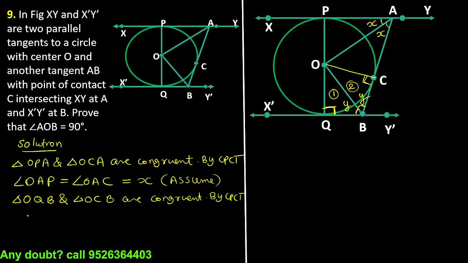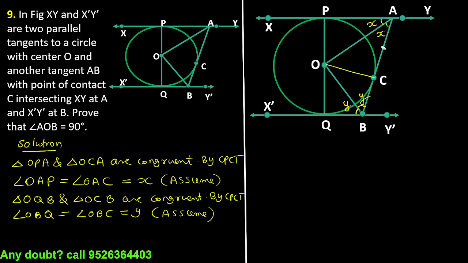Okay, we have to write that step. Angle OBQ equals angle OBC equals y. Let us assume that. Clear? This part is okay. Then what will be the next step? Let me delete it.